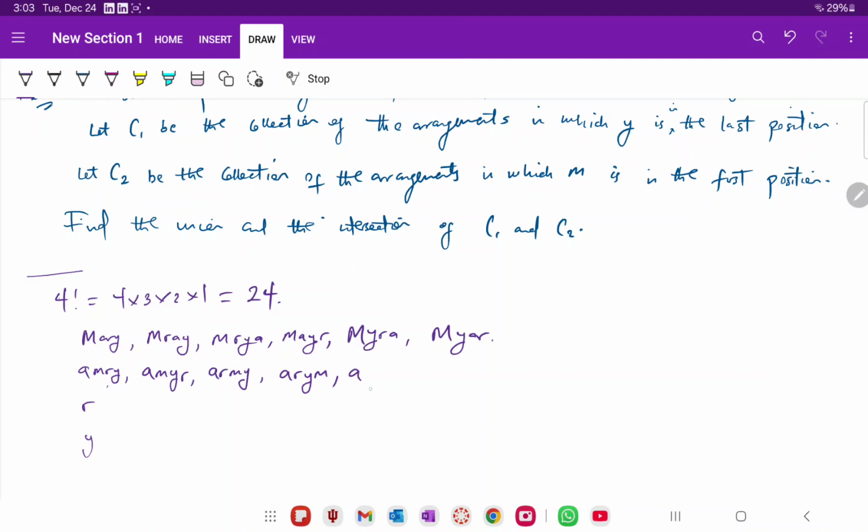So we have A, Y, M, R. There remains one possible arrangement, A, Y, R, M.